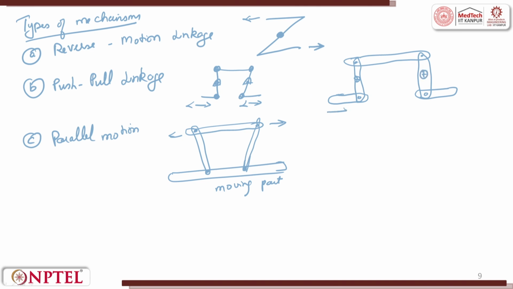So, here this is motion, this is the moving part. So, this will be your moving part. In a similar way you can also have it for this. The type which I was interested to show you is the bell crank linkage, wherein you will have a link.